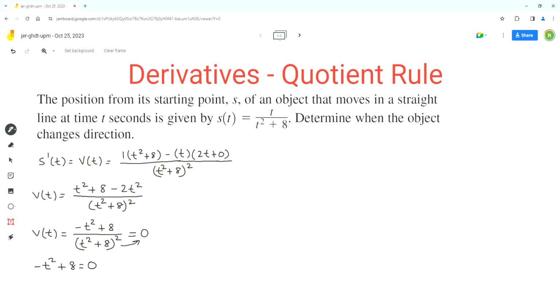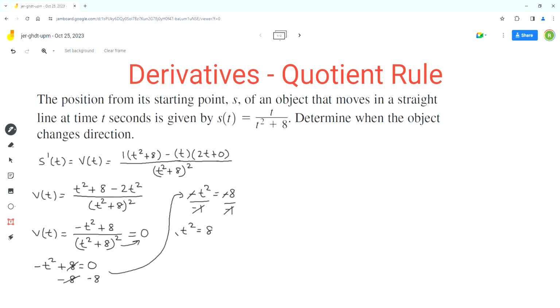Now we have to isolate t in this equation. We'll subtract 8 from both sides, so the 8's on the left side cancel each other out, and we get negative t squared equals negative 8. Now we can divide both sides by negative 1, so the negatives cancel each other out, and we get t squared equals 8.